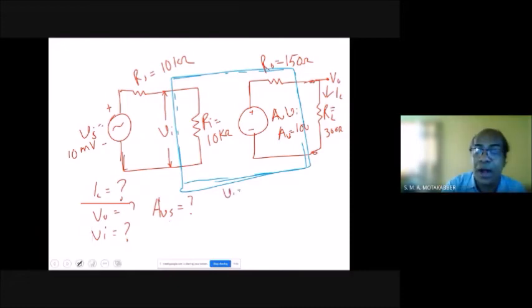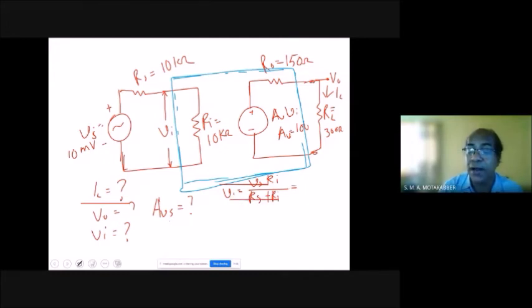VI equal how much? The total voltage, so VS, multiplied by the resistance where we are interested to know the voltage, that is my Ri, over the sum of these two resistances, RS plus RI.